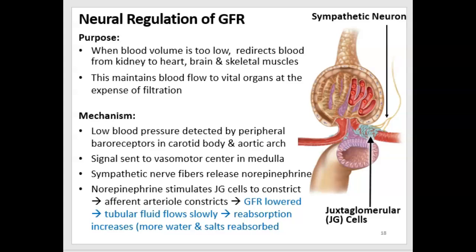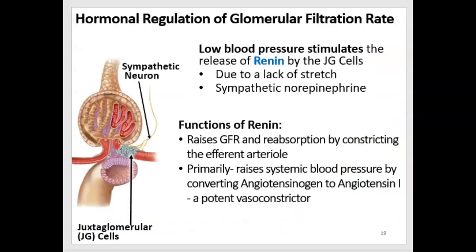Okay, bear with me, we're almost done. The only thing we have left are hormones. So the glomerular filtration rate can also be controlled with hormones, or at least slightly regulated within its narrow range by hormones. And low blood pressure is going to stimulate these same JG cells that we've been talking about to release renin.